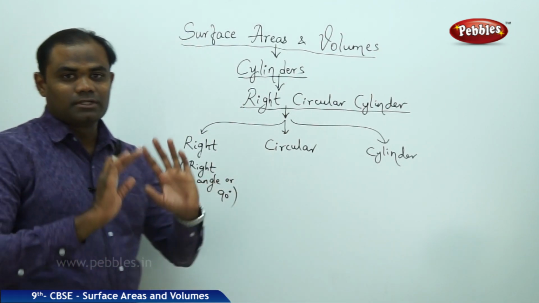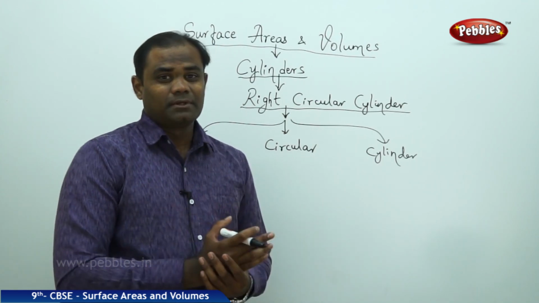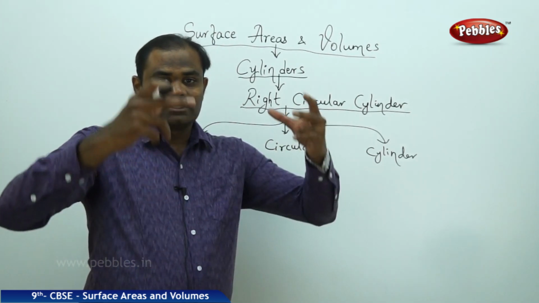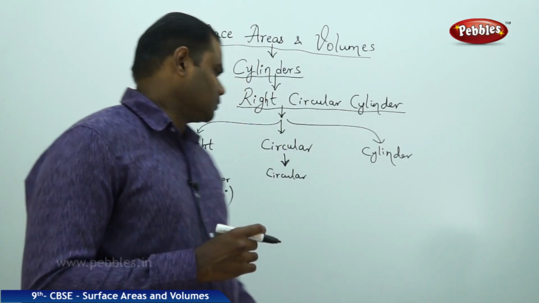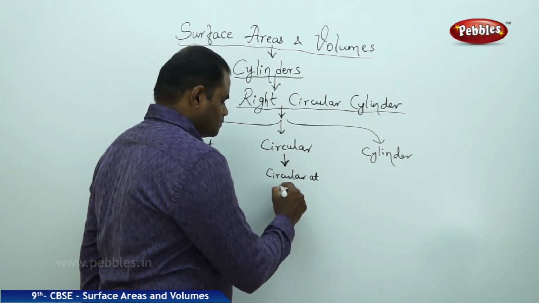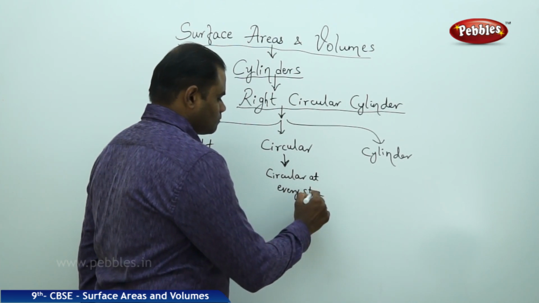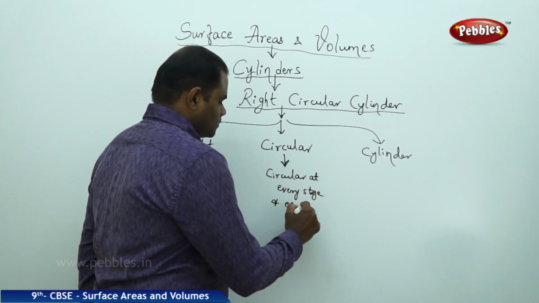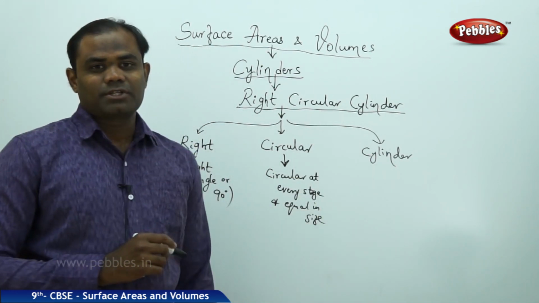And of course, the cylinder must be circular. It cannot have a shape other than circles being constructed to form a cylinder. It must be circular at every stage and equal in size, which is how we understand circular.